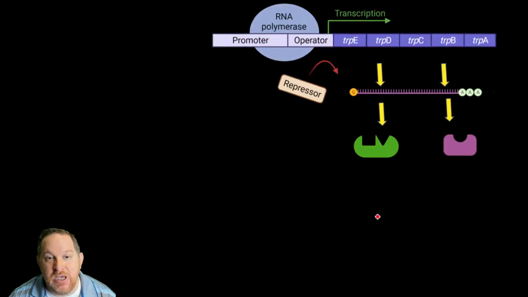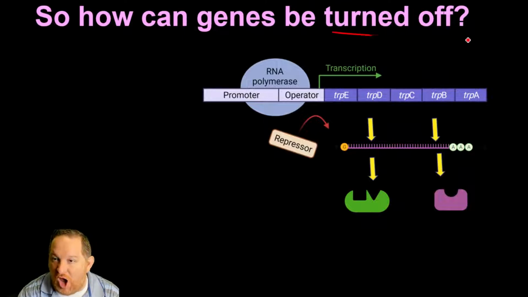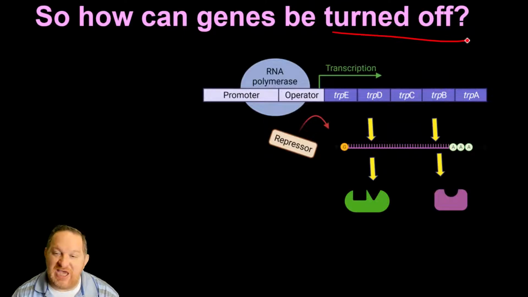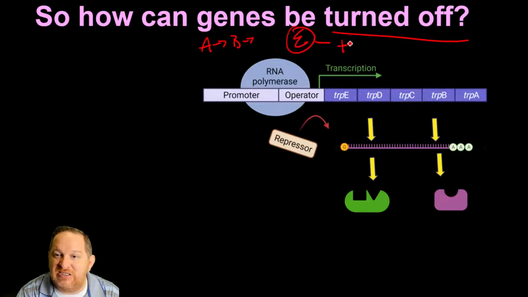Okay? So, let's start with how a gene can be turned off. So, let's take you back. Remember when we were talking at the very beginning about how chemical A goes to B, goes to C, whatever, ultimately goes to E. Let's say in this case, chemical E is tryptophan, which is a nice amino acid that bacteria may need to make.